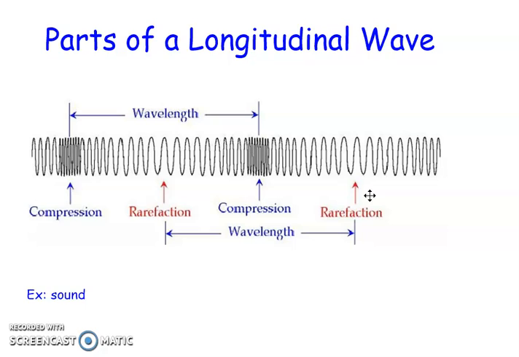An example of a longitudinal wave would be sound. So when you talk or make any type of noise, something is vibrating, and that vibration is causing compressions and rarefactions within the air or whatever medium your wave is traveling through. And then your eardrum detects that wave, and stuff happens in your brain that transfers it into a sound.